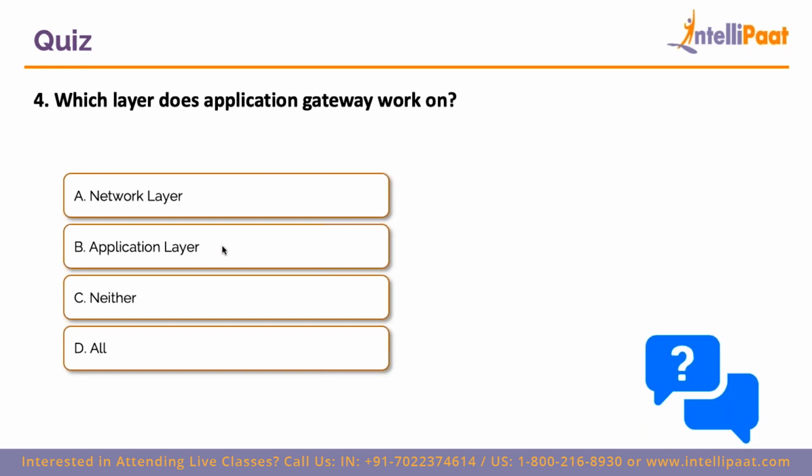I told you earlier as well, there is a service called load balancer in Azure. It works on the network layer, where it can segregate traffic based on the network type which is requesting. But application gateway cannot do that. Application gateway can only do path-based routing, and that is always done on the application layer. So that is the correct answer.